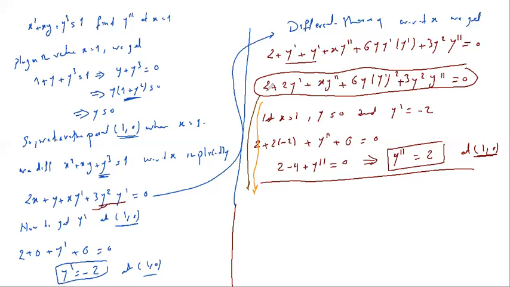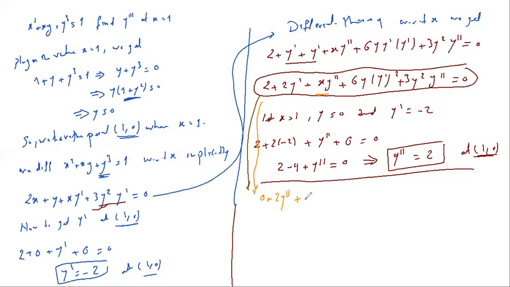We get the differentiation of 2, which is 0, plus we differentiate the equation with respect to x implicitly again. Differentiation of 2y prime is 2y double prime, plus xy, differentiation of xy, the product of two functions, using the product rule again.